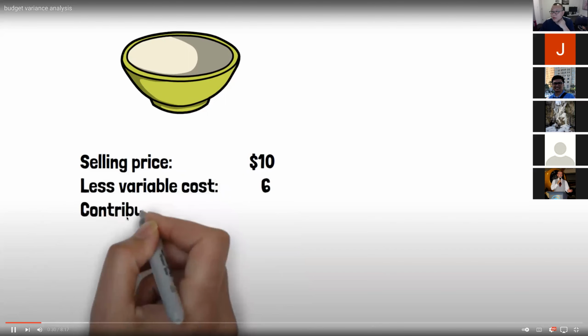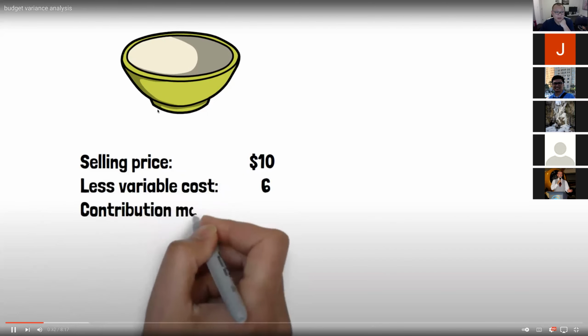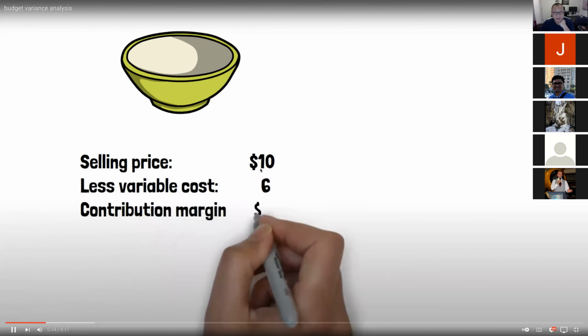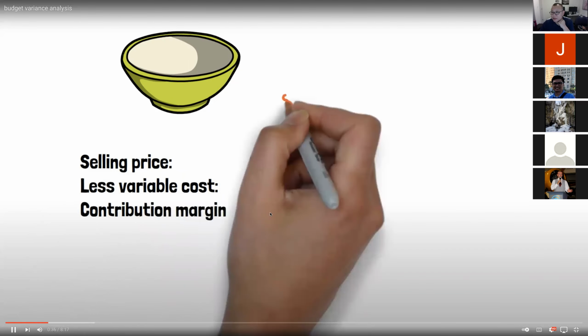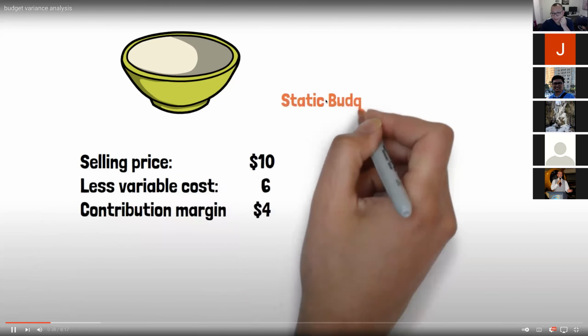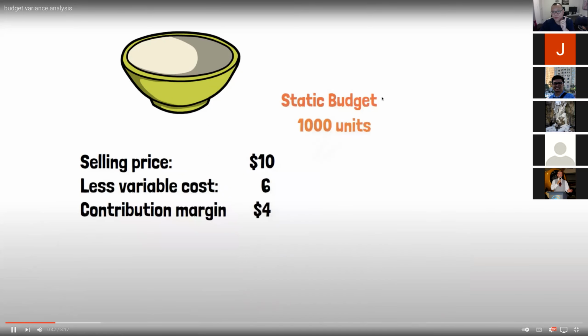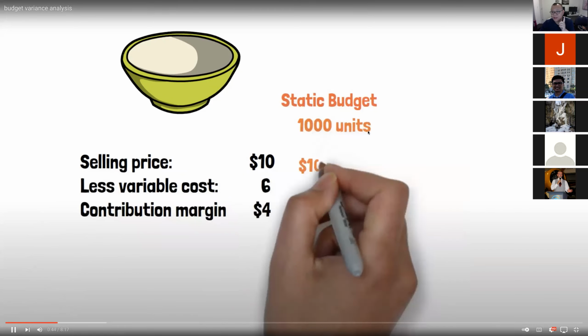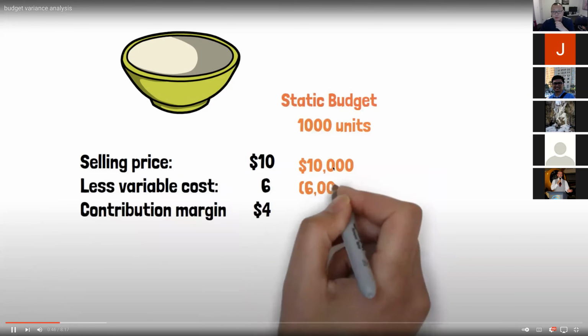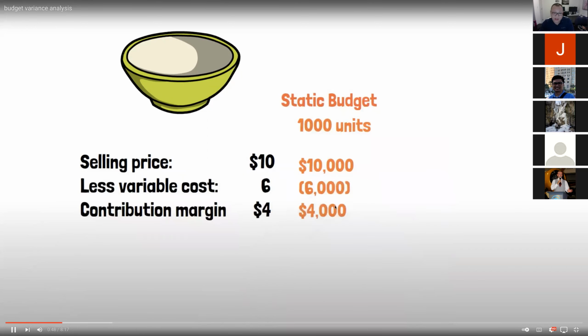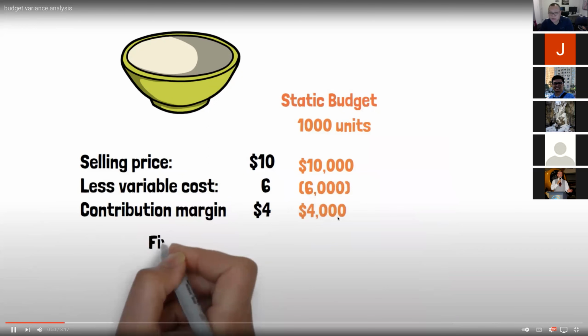So the contribution margin per unit will be 10 minus 6 equals $4. What is the static budget? A static budget is for a particular level. Suppose we are selling 1,000 units. Your revenue will be 10,000, variable cost 6,000, contribution margin 4,000.